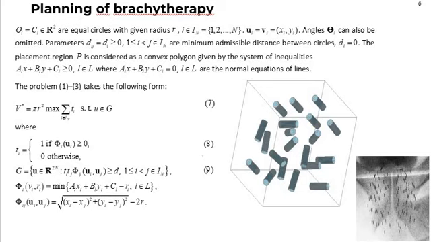Angles specify their orientation. Parameters define the minimum admissible distance between cylinders and to the boundary of the placement region. The placement region is considered as a convex polyhedron defined by a system of inequalities, where the normal equations of planes describe the boundaries.